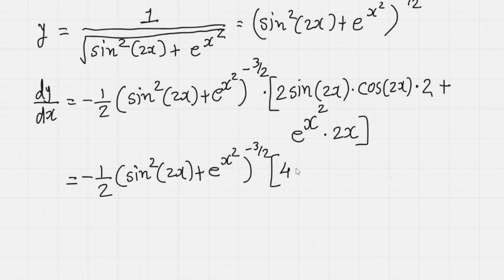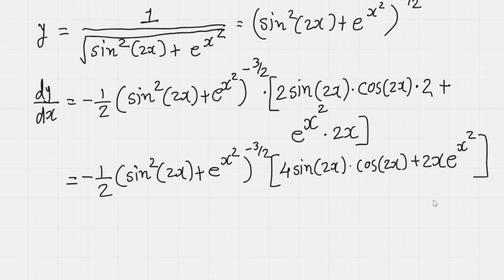So this is 4 sin 2x times cos 2x plus 2x e^(x²). Okay, so this is the final answer and we are done with all the 4 questions. Hope this video will help you to understand the chain rule.